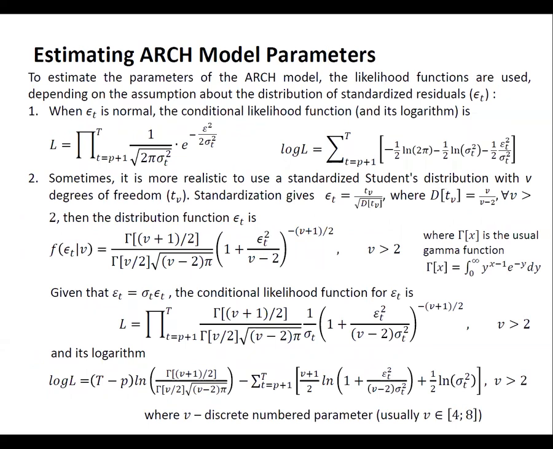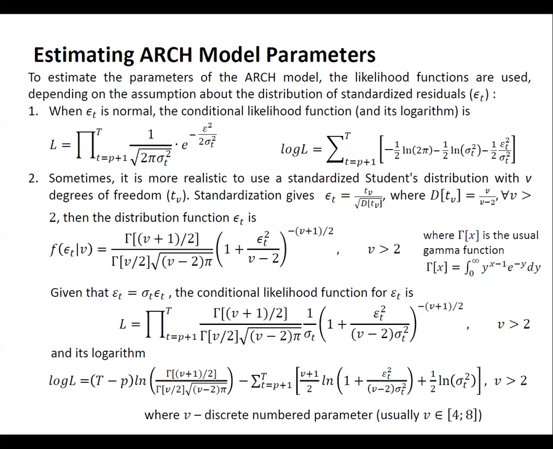This slide shows how to estimate the parameters for the ARCH model. The least squares method is no longer suitable, or it fits only very rarely. More precisely, likelihood functions are used to estimate the parameters of the ARCH model, and these likelihood functions are highly dependent on the assumption of the distribution of the standardized residuals.